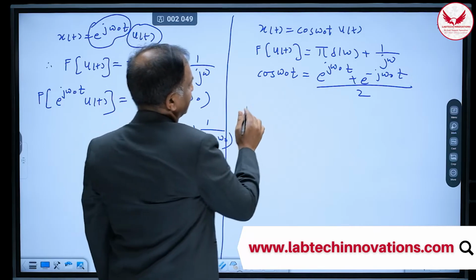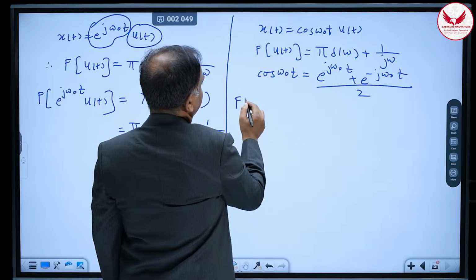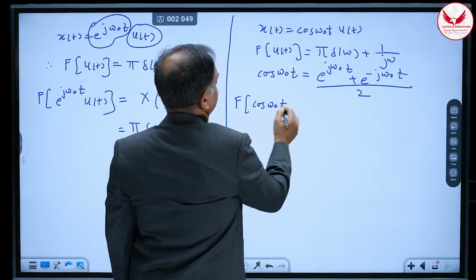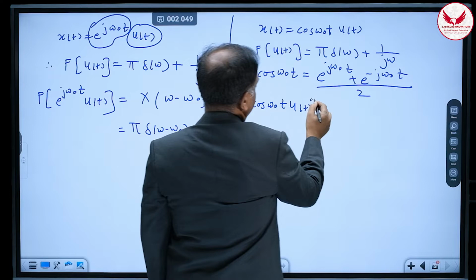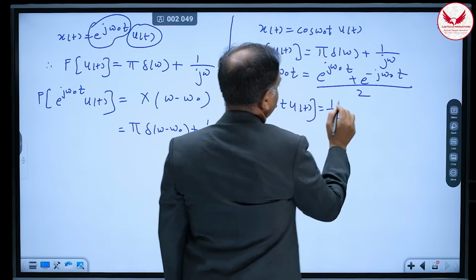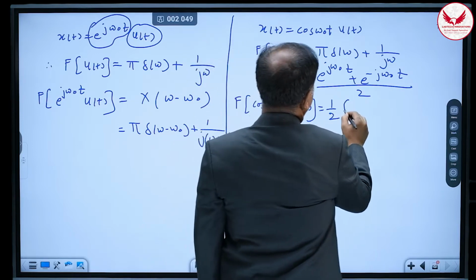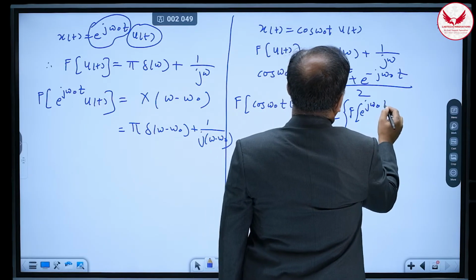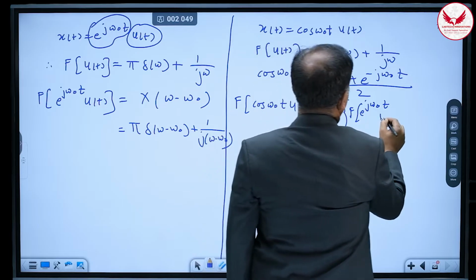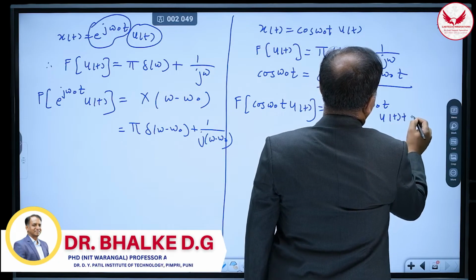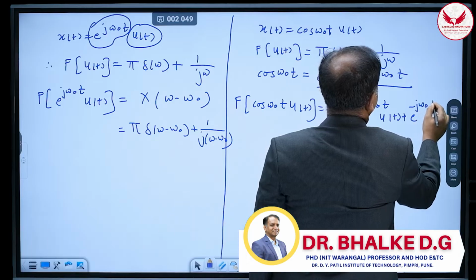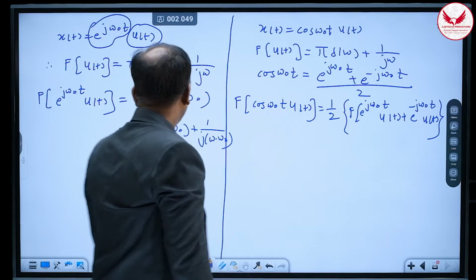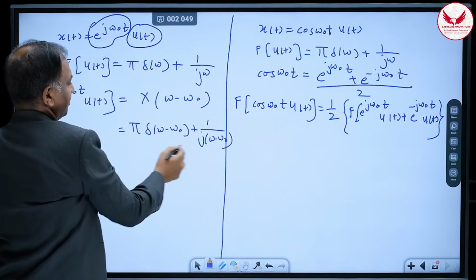Accordingly I can write that the Fourier transform of cos omega 0 t into u of t is equal to 1 upon 2 into the Fourier transform of e raised to j omega 0 t into u of t plus e raised to minus j omega 0 t into u of t. Already we have seen the Fourier transform of e raised to j omega 0 t u of t is this.